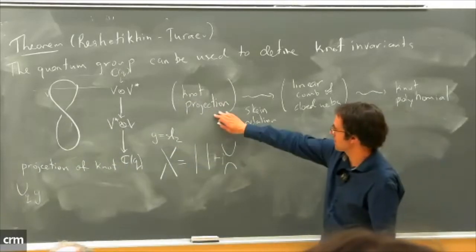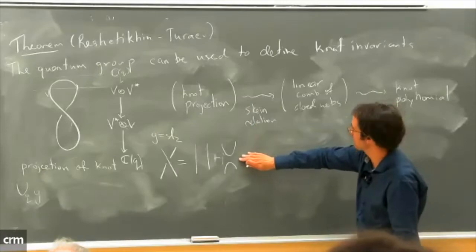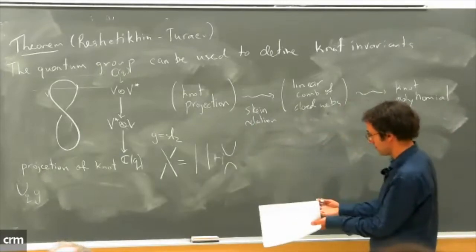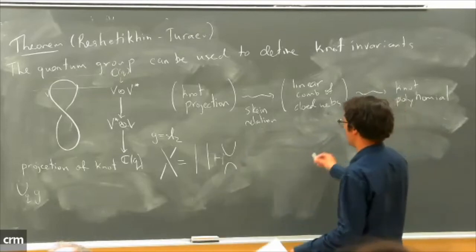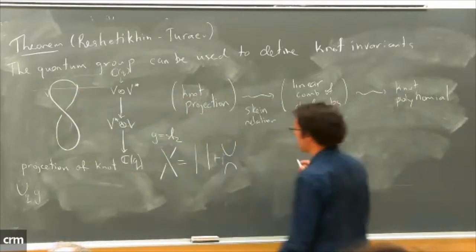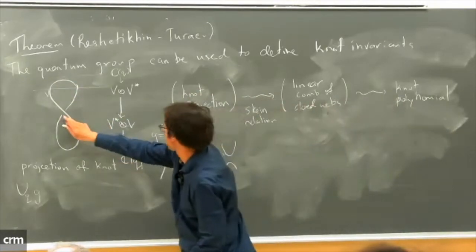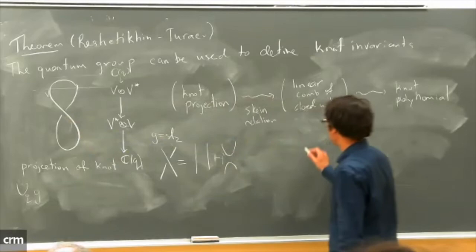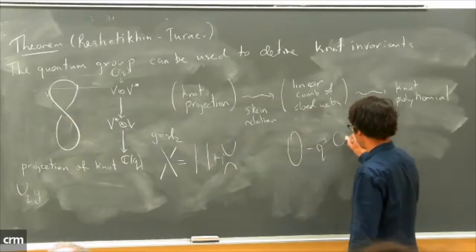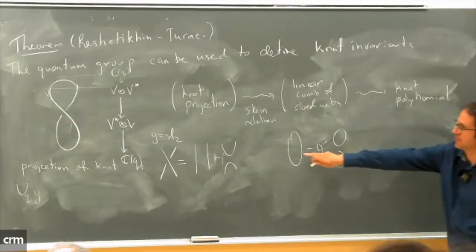You take your knot projection, you apply this skein relation, and you turn it into a linear combination of these SL2 webs. So if you did it with this diagram here, you would resolve this crossing like so or like so. So you end up with this minus something like q squared times this thing. And then you evaluate each of these loops.